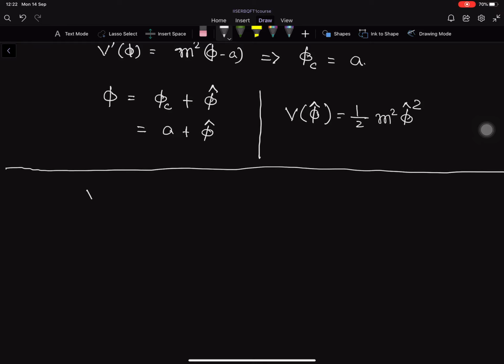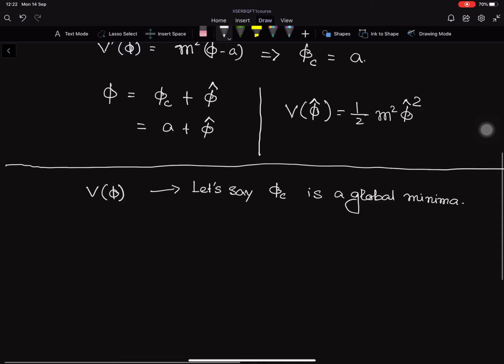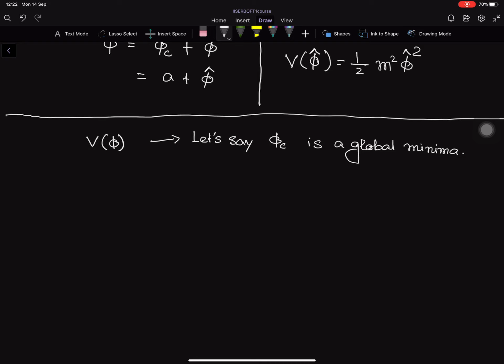that means in general, if I have a potential V of phi, and let's say that phi c is a global minima, then we can write down the potential always.